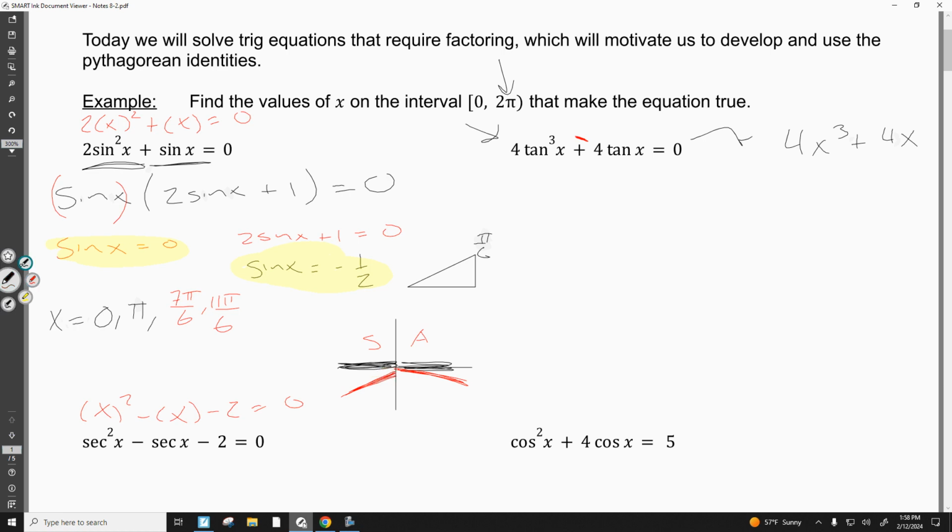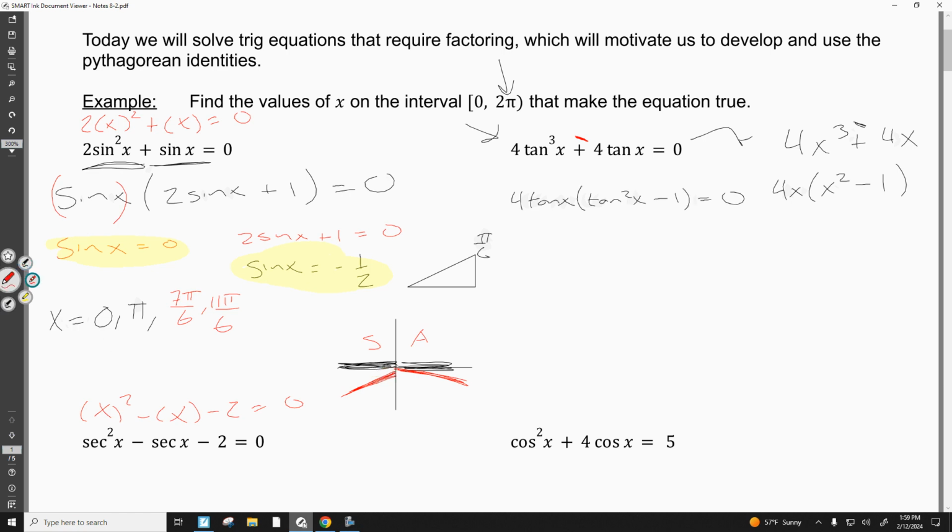All right, I would factor out 4x, giving me x squared, and this is a minus. So that is equivalent to factor out 4 tan, leaving us tangent squared x, and I changed the question to a -1.